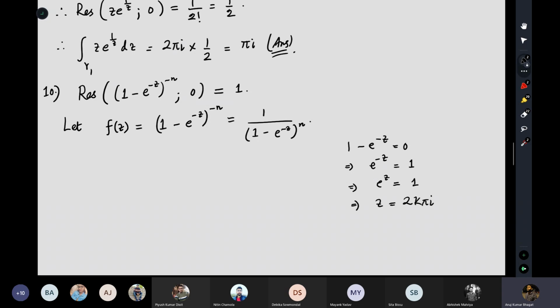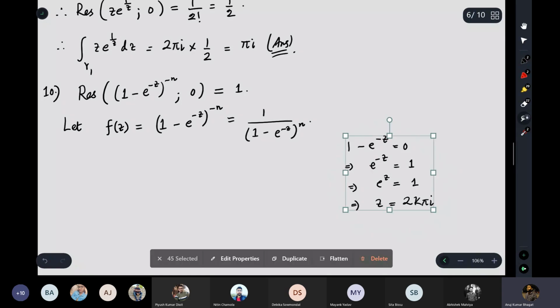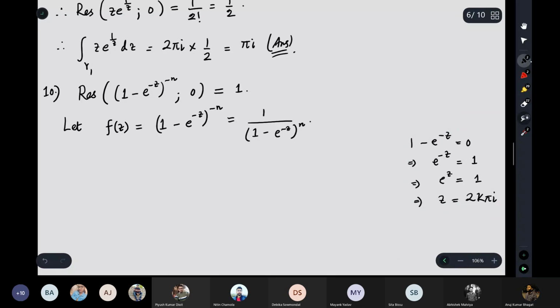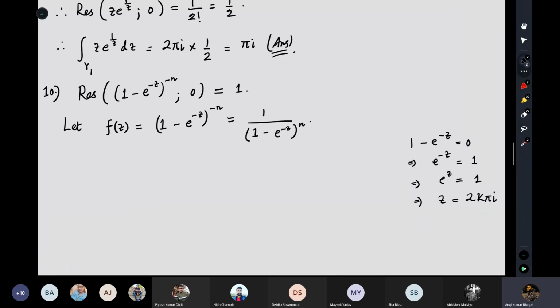That's fine, but we want to find the residue only at 0.